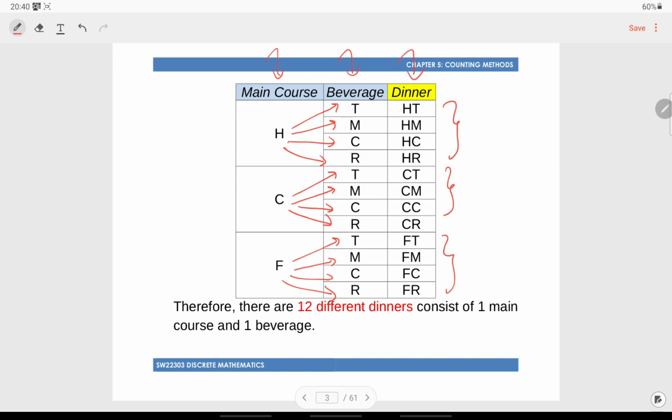We have HT, HM, HC, and HR, and also CT, CM, CC, and CR, and also FT, FM, FC, and FR, where all these dinner combinations are different. There is no repetition, and all combinations consist of one main course and one beverage.